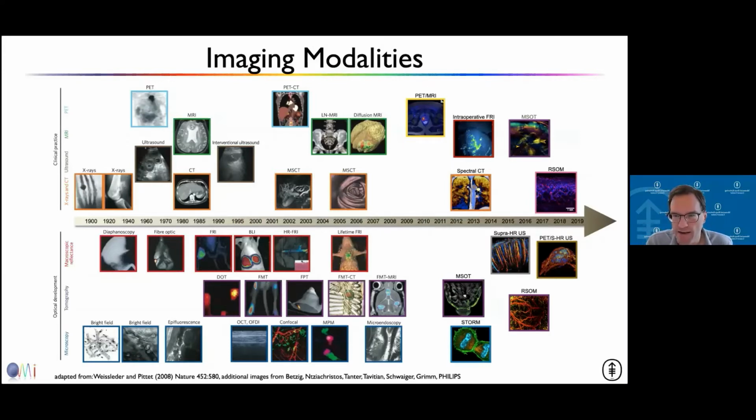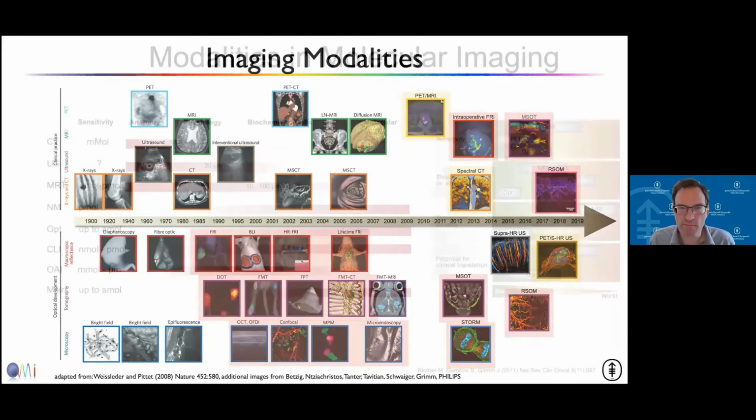And then here are other developments which are sort of preclinical. This is clinical, and we have MSOT and RSOM also preclinical. Here's high resolution microscopy, STORM, and successors, and then there are emerging modalities where PET is merged with high resolution ultrasound, for example. So there's a whole realm to play in.